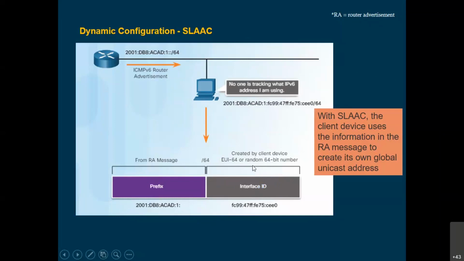So the host will actually create this part on its own. I will show you the EUI-64 in a little bit. So with SLAAC, the client device uses the information in the router advertisement message to create its own global unicast address.